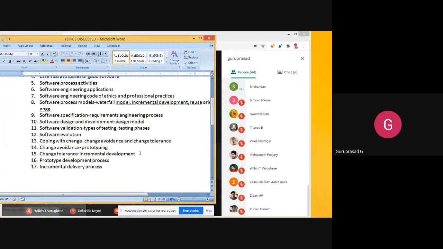What is software validation, and what are the different types of testing? Validation is checking, sir. Checking the system, the software process. Okay. What are the different types of testing we have?